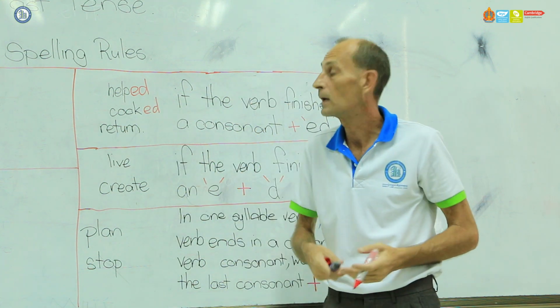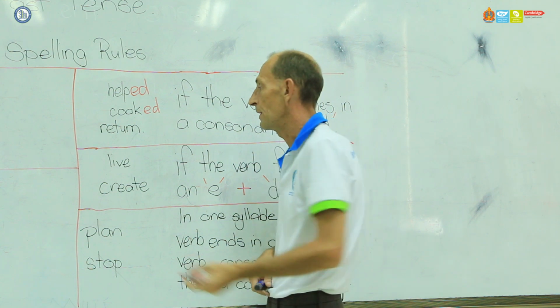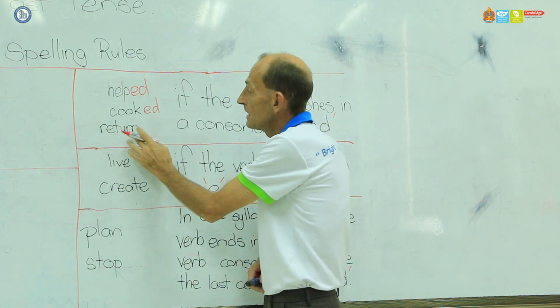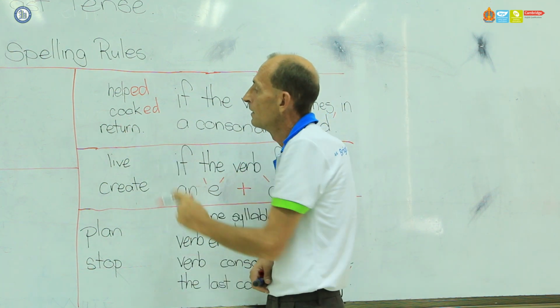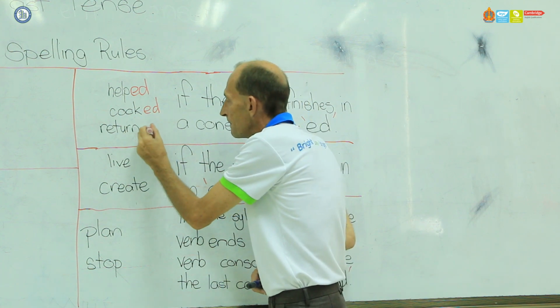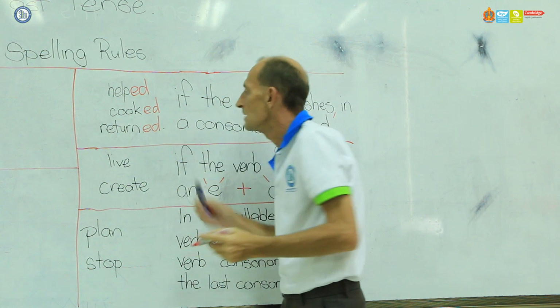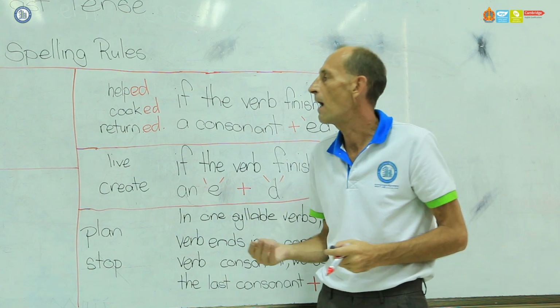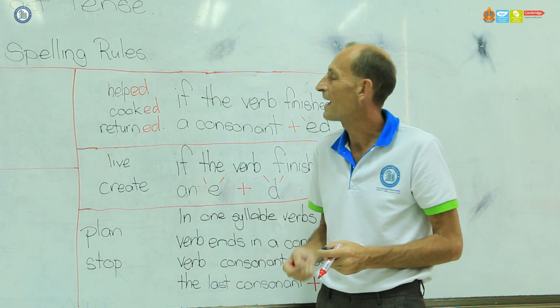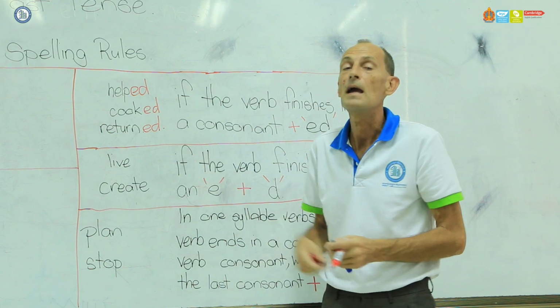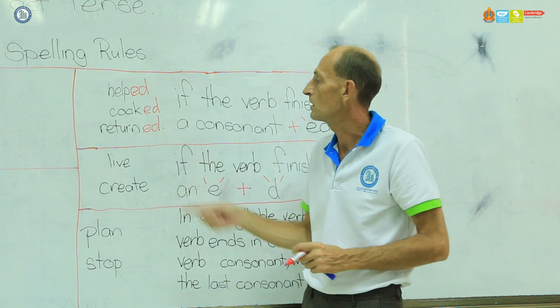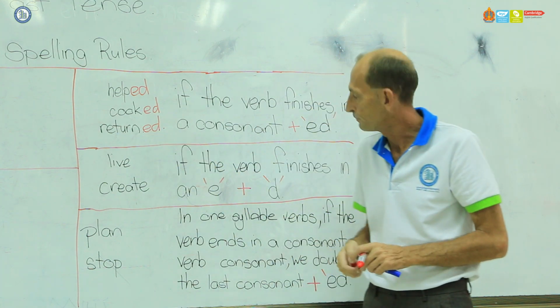And our last word we're going to look at is return. Return finishes in a double consonant, so we add ED. As you can see, it doesn't matter whether it's a vowel and a consonant or two consonants. If it finishes in a consonant, ED.